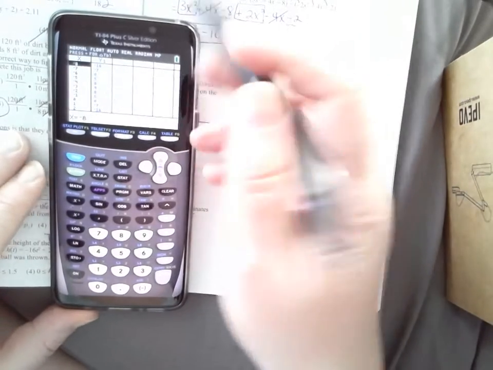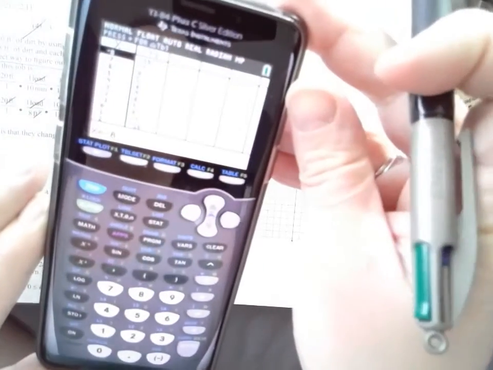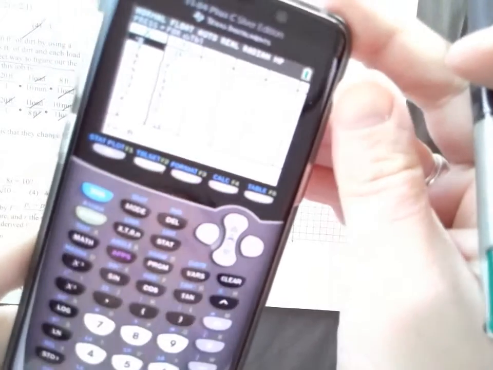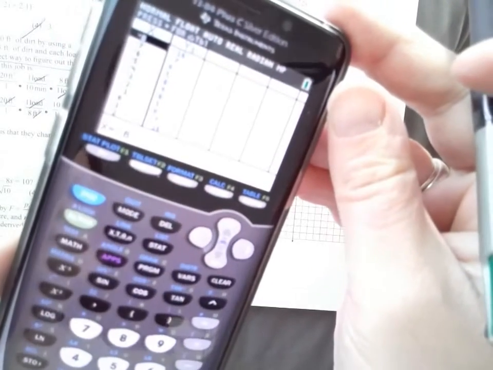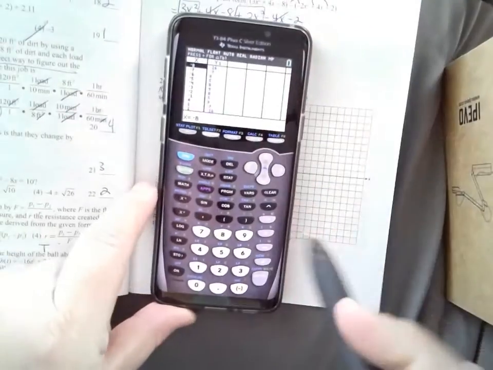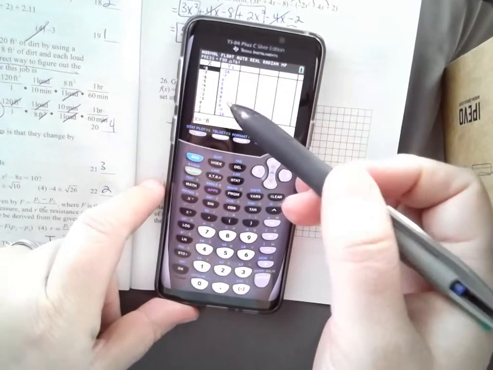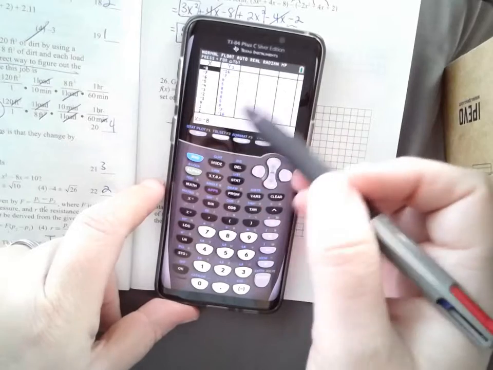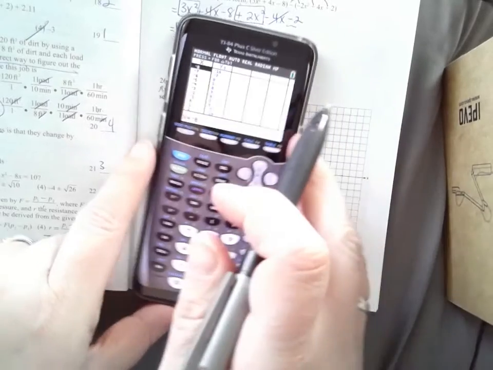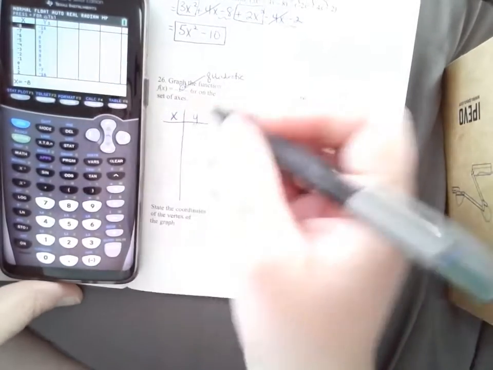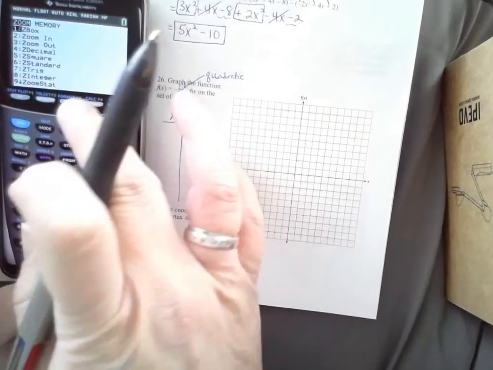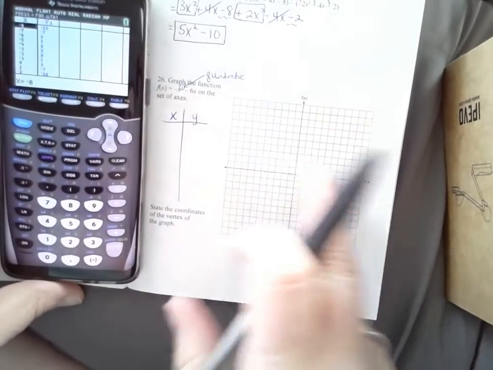That 9 doesn't have a partner. But this 9 right there in the middle doesn't have a partner, but all the numbers around it do. So I feel like that's significant since I'm looking for a turning point, and that's the one point that doesn't match.